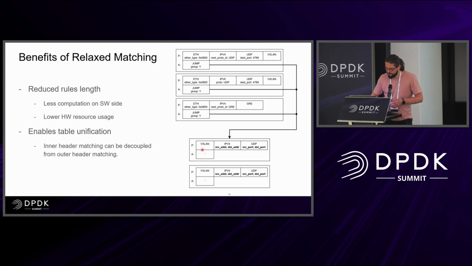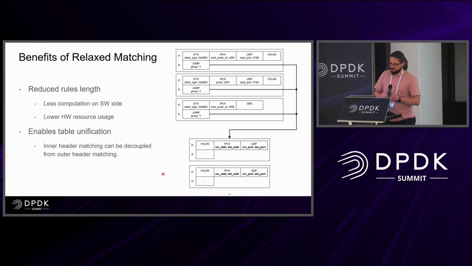In this example, VXLAN is used without any match. It's an indicator to the driver that the items following it are inner, because rte_flow items themselves do not have any way to specify whether they are outer or inner. It all depends on the order. So this VXLAN is used as a marker. This design and this relaxation of the requirements provides two main benefits.